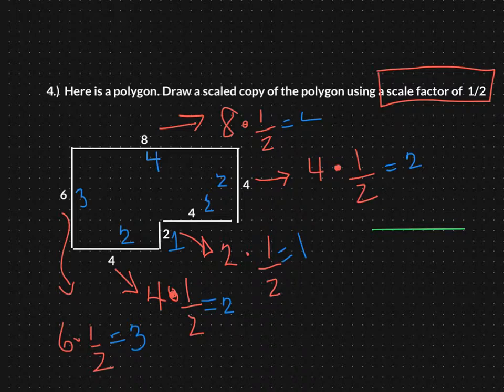The first side is going to be 3. Then I've got 1, 2, 3 sides that are going to be 2. So I've got this one, that should be 2.